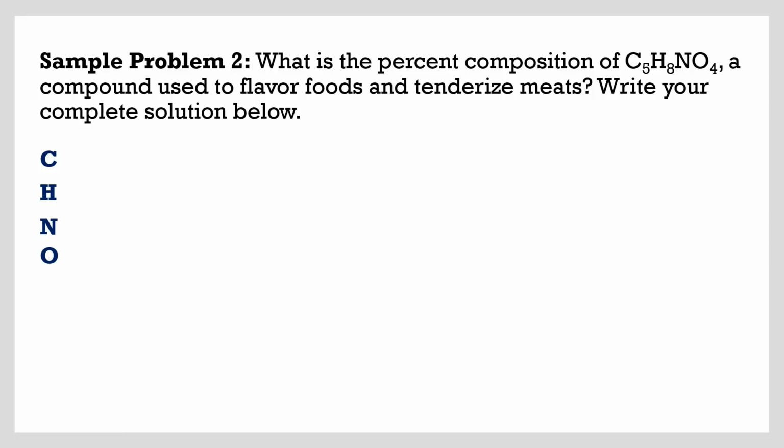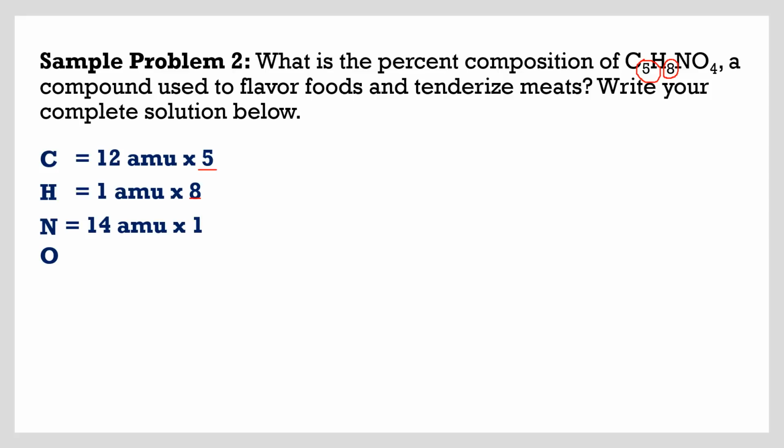Carbon has an atomic mass of 12 times 5 because it has 5 atoms of carbon. Hydrogen's atomic mass is 1 times 8 because it has 8 hydrogen atoms. Nitrogen's atomic mass is 14 times 1 because it has only 1 nitrogen atom. And oxygen is 16 times 4 because it has 4 atoms of oxygen.